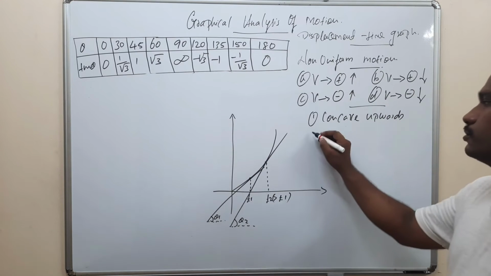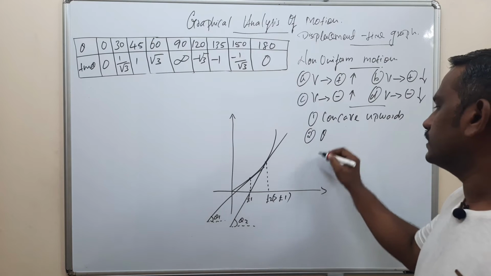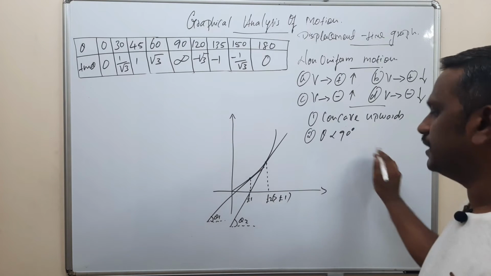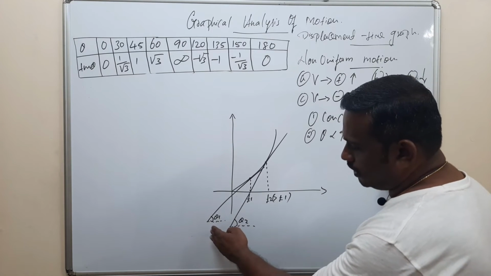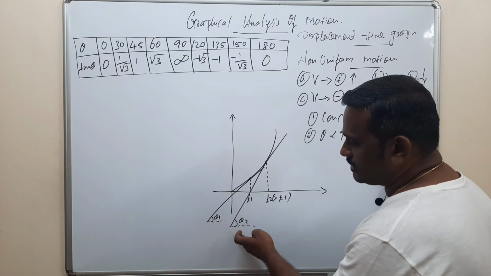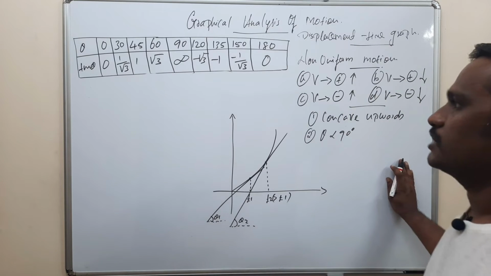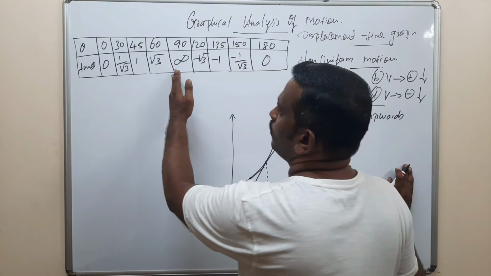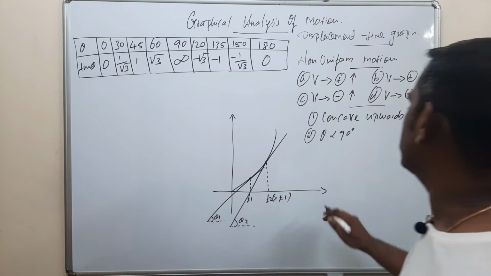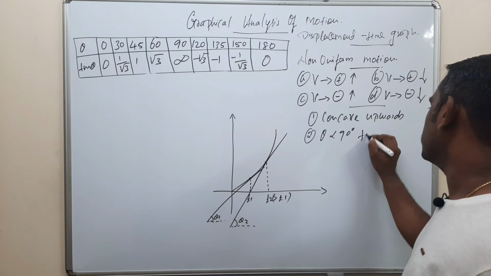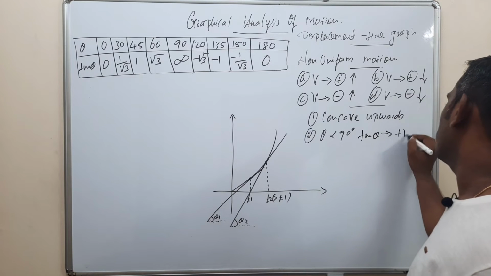2, theta less than 90 degree. So if you observe the slope, it is less than 90 degree. Less than 90 degree means tan values positive. Theta less than 90 degree, that is tan theta positive.